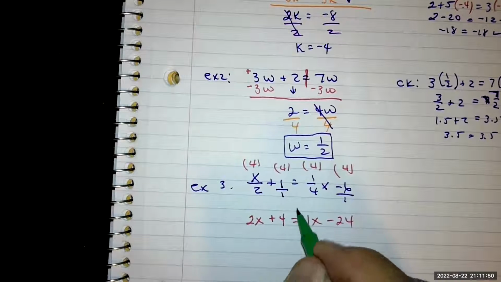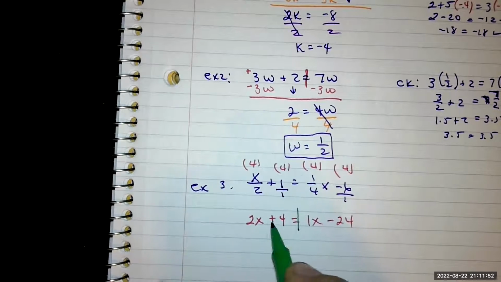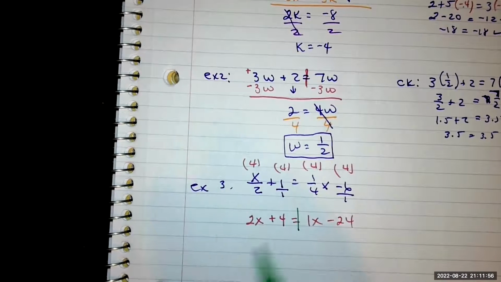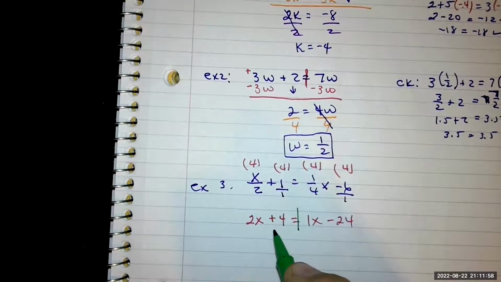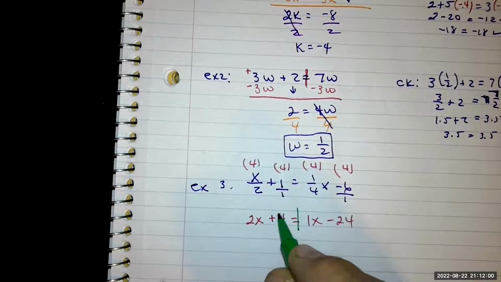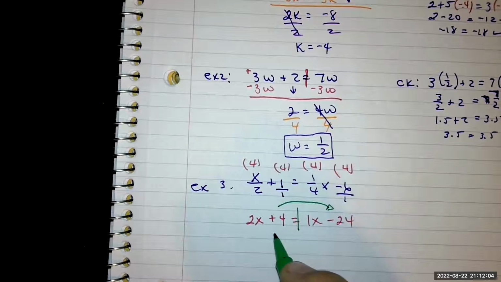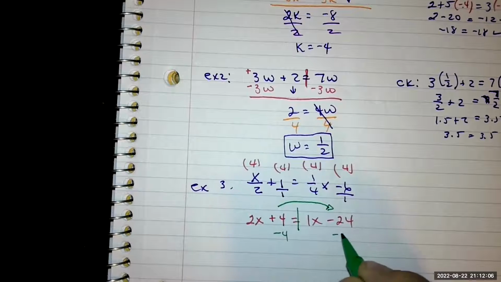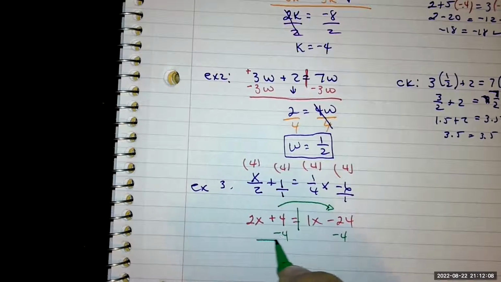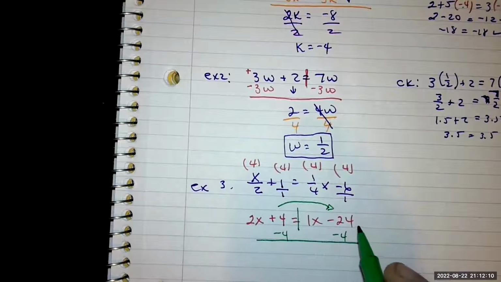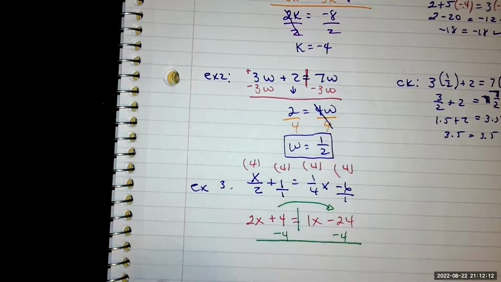So there's my net. I want to move the numbers over here and the letters over here. I just like doing it. I like my letters over here. So since it's a +4 and I want to move it to the opposite side of the equal sign, I'm going to subtract 4 to both sides. All right, I'm going to bring down my 2x.